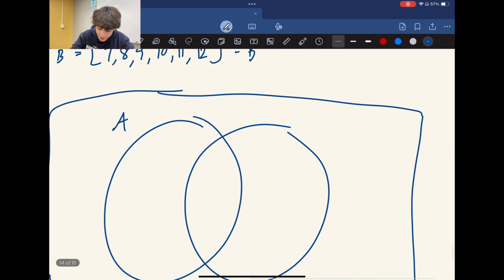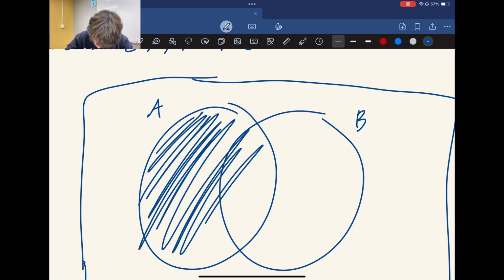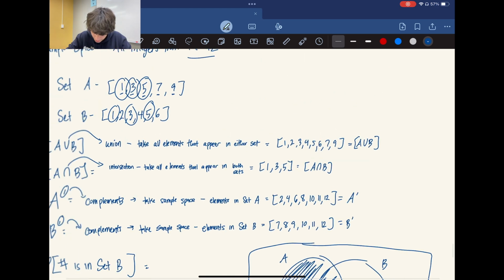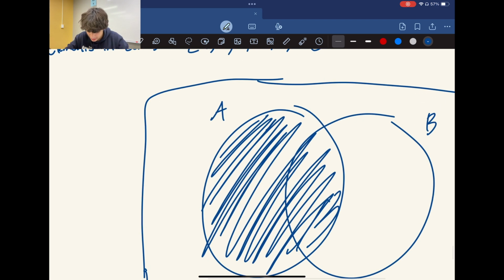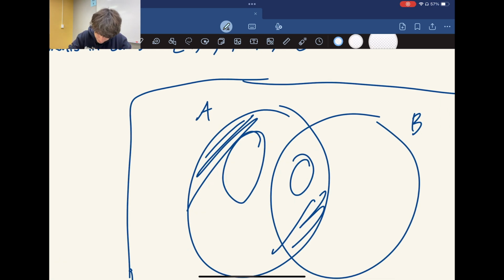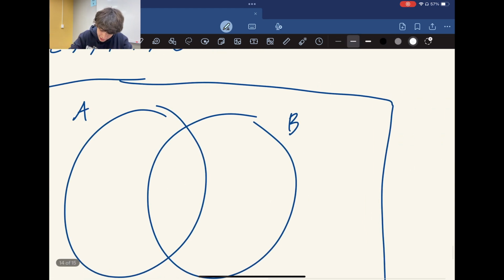I'm going to define this circle as A, and I'm going to define this circle as B. So what does this mean? Over here, everything that I have shaded is going to be all the elements of set A. So the numbers 1, 3, 5, 7, 9, they're going to appear in here somewhere, either just in A or the intersection of A and B. So erasing this and going to B, similar logic is applied.